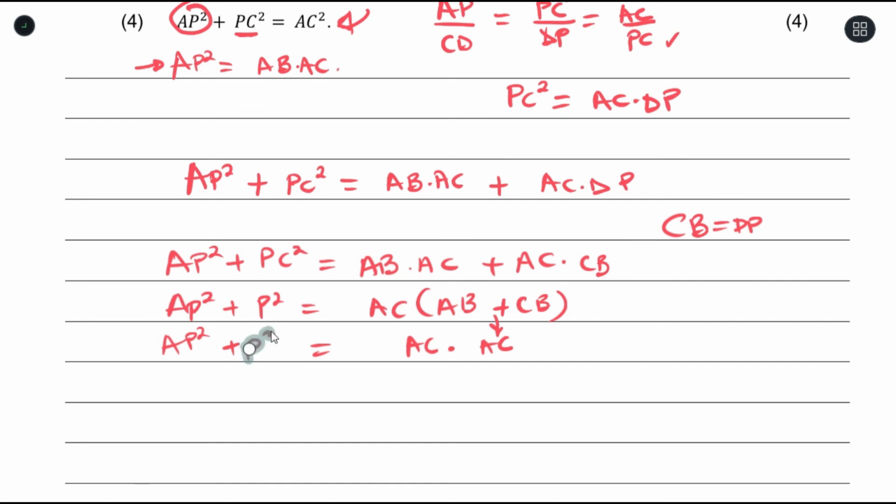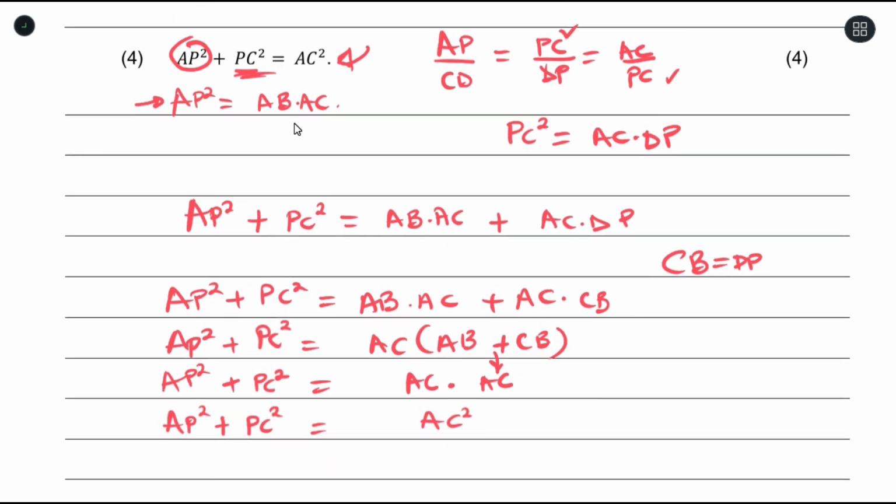I notice I made a little mistake here that I can correct. This here is not P squared, it's PC squared. So change this to PC squared. There you go. So the final step, AP squared plus PC squared is equal to AC squared, which is exactly what they wanted up there. And that's your answer.